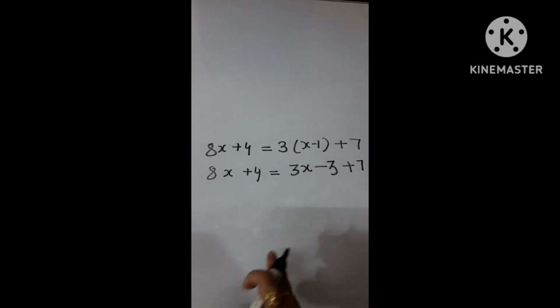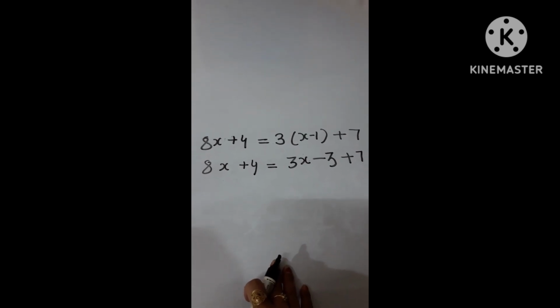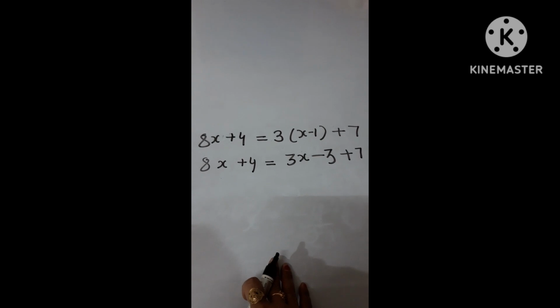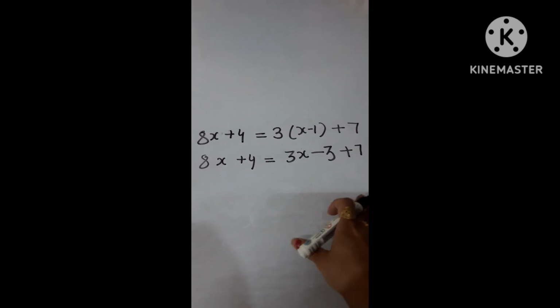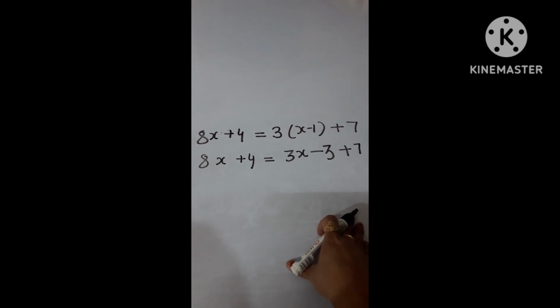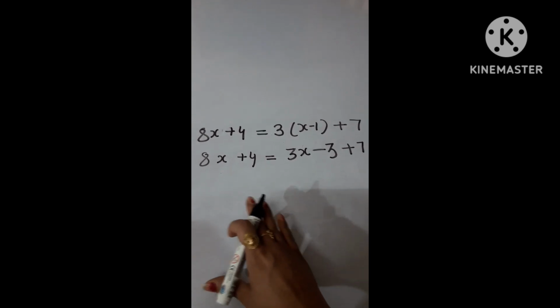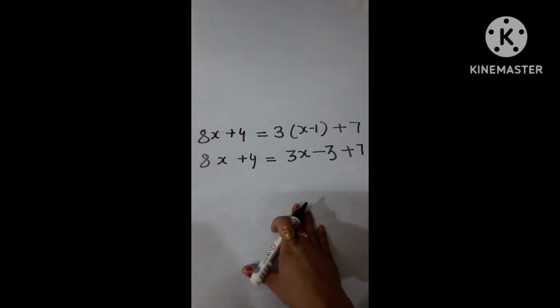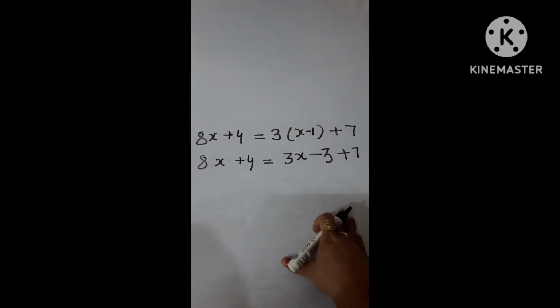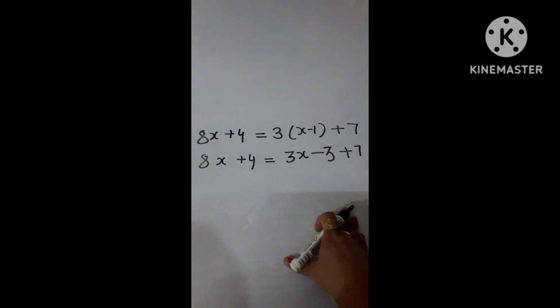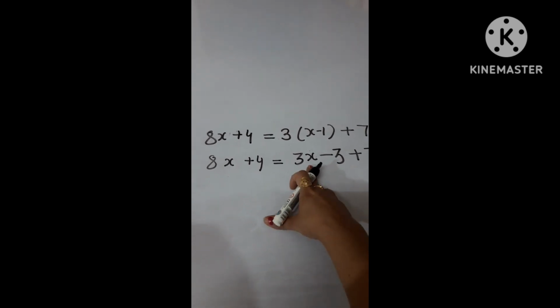Got it? Now the same concept that we had done in the previous questions, we are going to apply over here. Take the variables at one side and the constants at the other side. So you can see here 8x and 3x are the variables, and 4, minus 3 and 7, these are your constants. So change the sides. I'm going to change the side of this 3x.